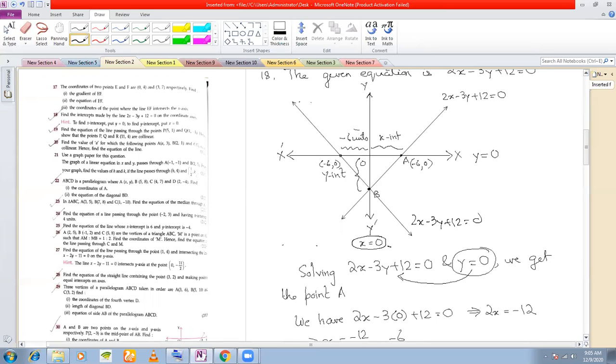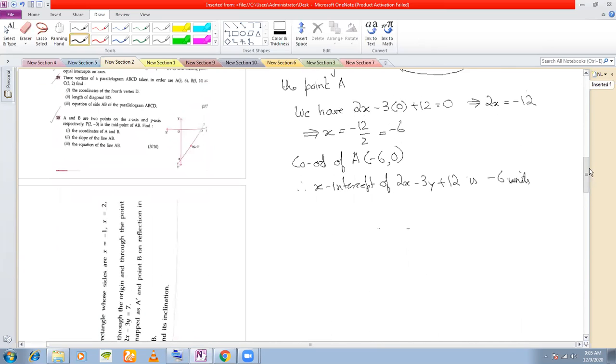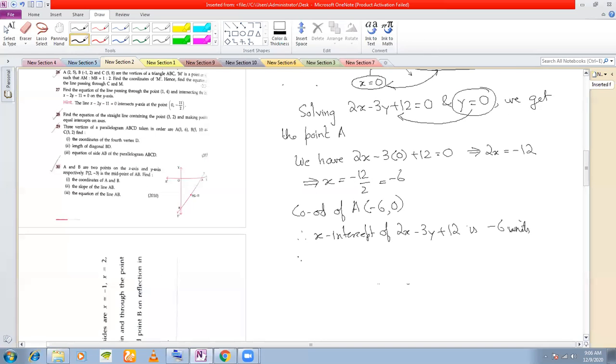So we'll solve these two equations to get the point B. Solving 2x minus 3y plus 12 is equal to 0 and x is equal to 0, we get the point B.